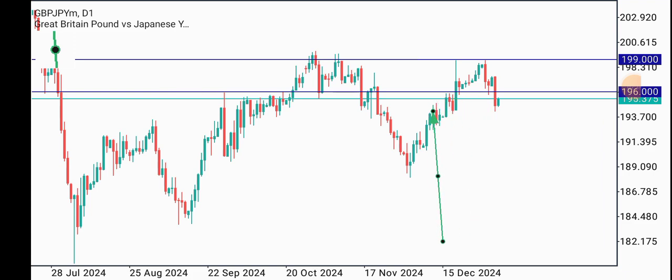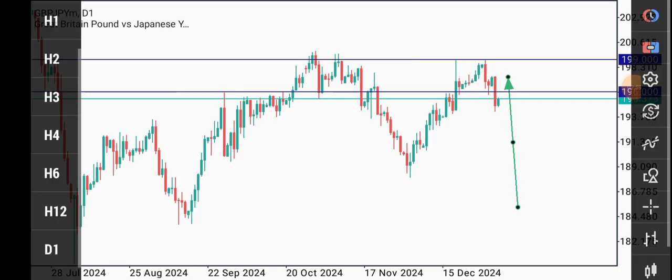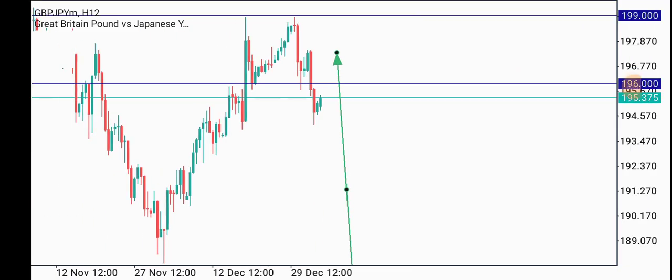But what we can see here is a failure to break above this daily structural high. So we want to see how price reacts around this structural high. Let's go to a lower time frame to see what the structure is showing us.